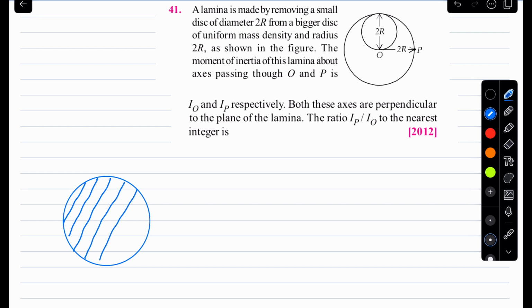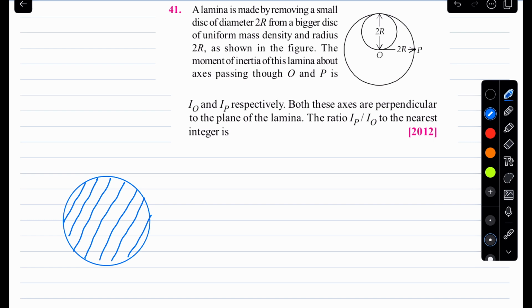Now they are not saying whether the initial mass of this disk is m, or after creating the cavity the mass is m, because there can be two kinds of questions, especially for moment of inertia: the initial mass can be m or the final mass after creating the cavity can be m. In that case, we will have a slightly different approach for each. Here that is not given because we need to find just the ratio.